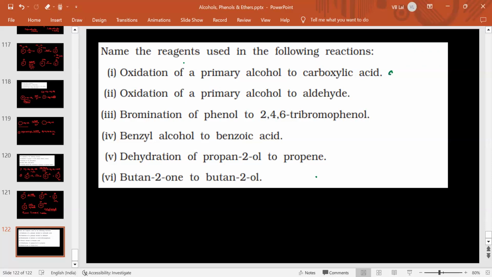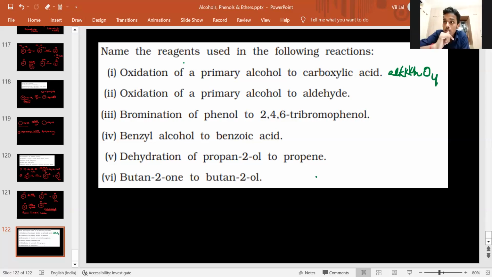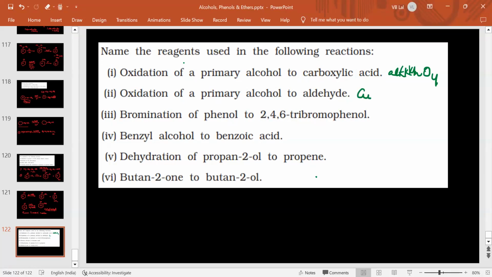KMnO4. So alkaline KMnO4 will give me this product. Oxidation of primary alcohol to aldehyde. Sai Kalyan. Plus copper. Yeah, copper, at a temperature of 573 Kelvin. You have to write the temperature. Otherwise, you can also write PCC.